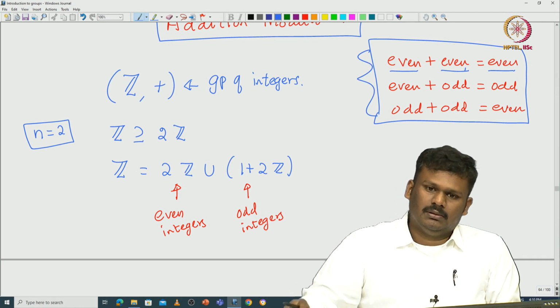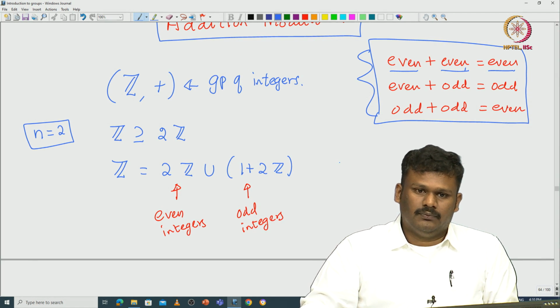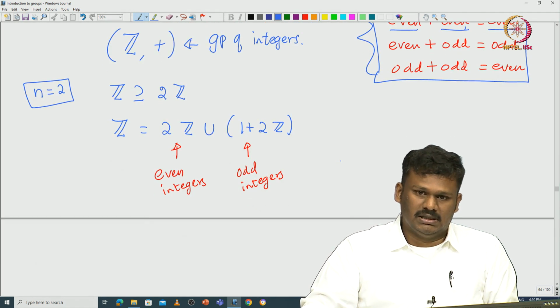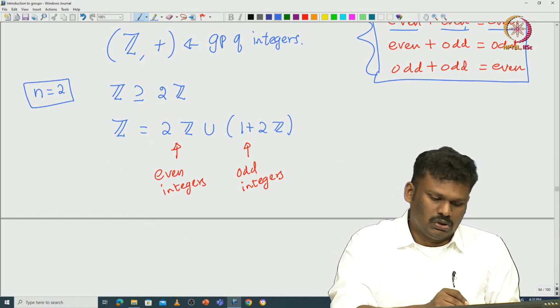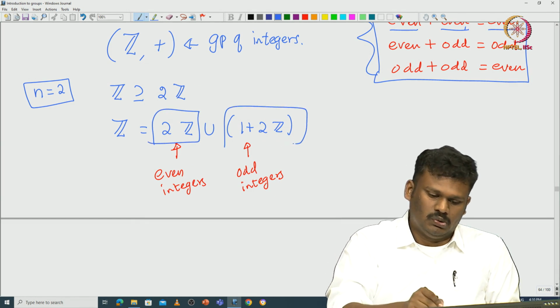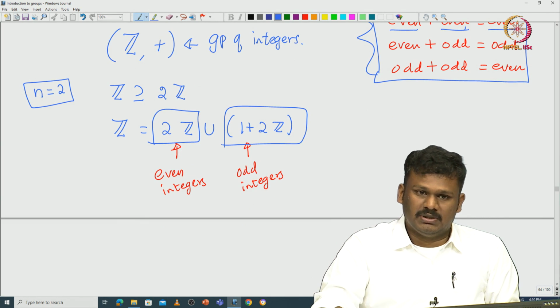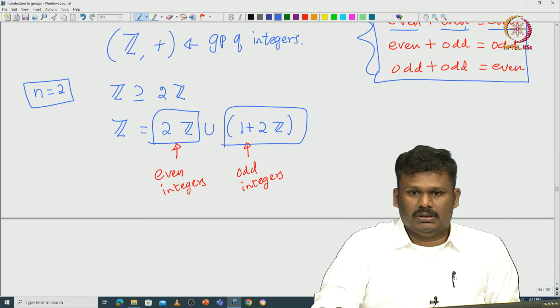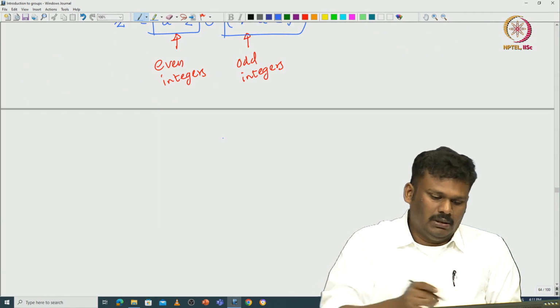So, this is something we can do with just these sets themselves. Okay, because 2z is a subset of z and 1 plus 2z is also a subset of z. So, what we can do is try to add them, subtract them and see what happens. Why can I do that?